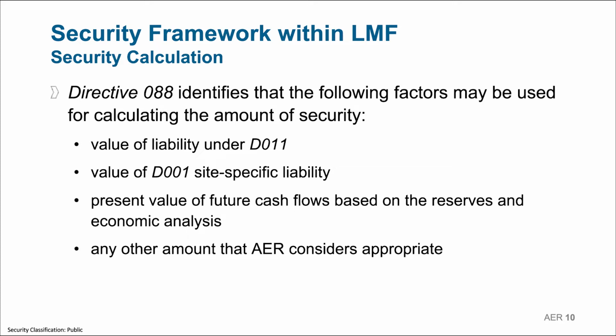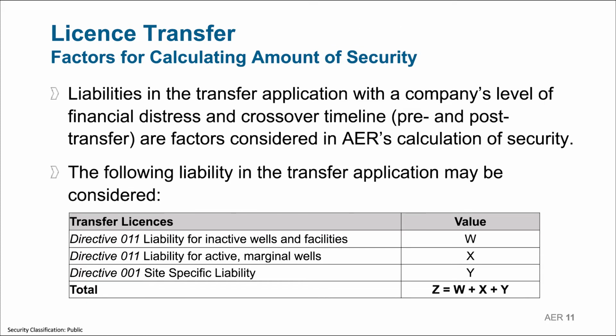To offset any potential increase in risk that may arise from a license transfer, the transferor or transferee may be required to provide a security deposit to the AER as a condition of the approval. The amount of security required as a result of a transfer application takes into account the licenses being transferred as well as those remaining with the current licensee, also known as the transferor.